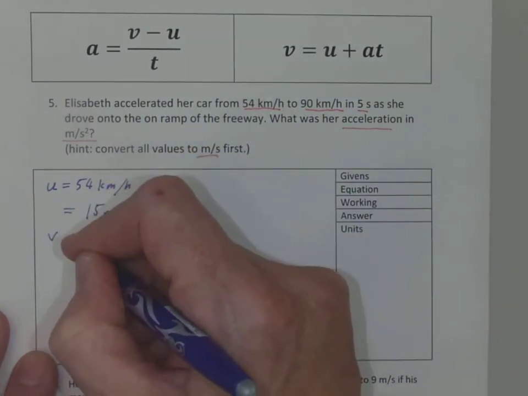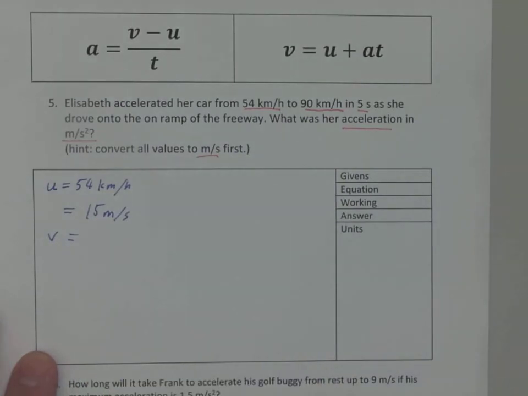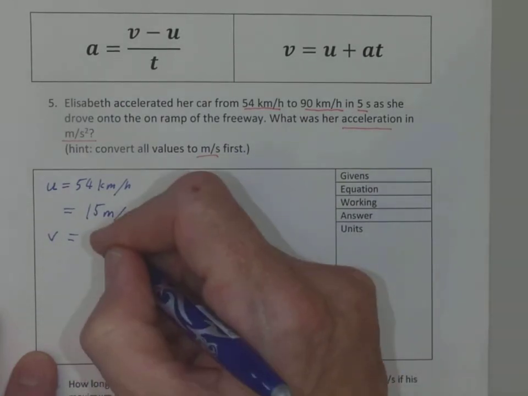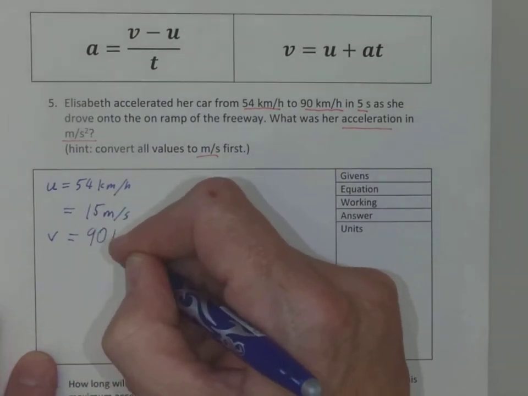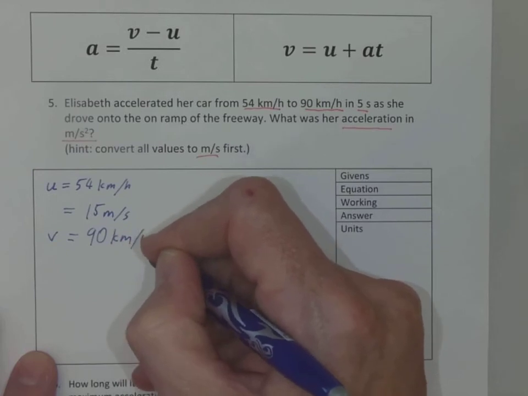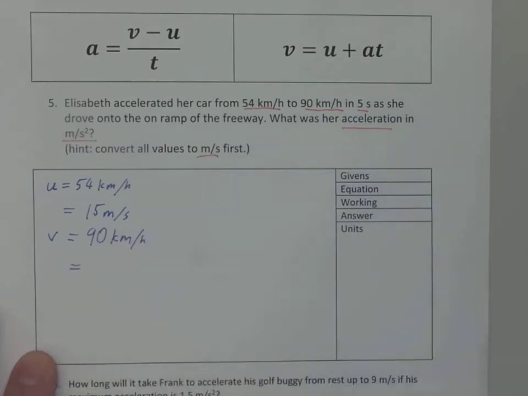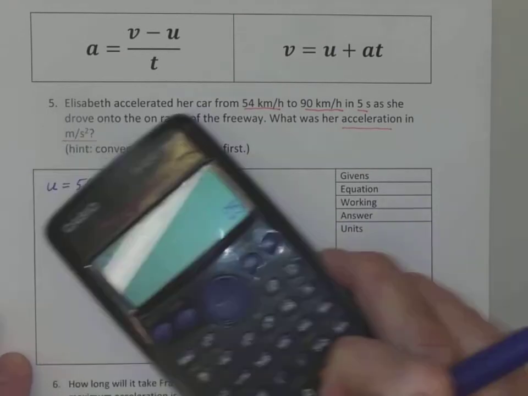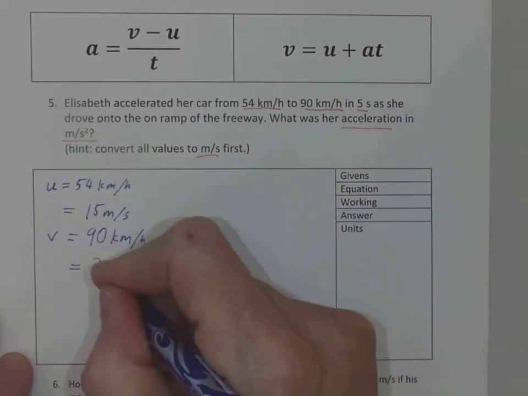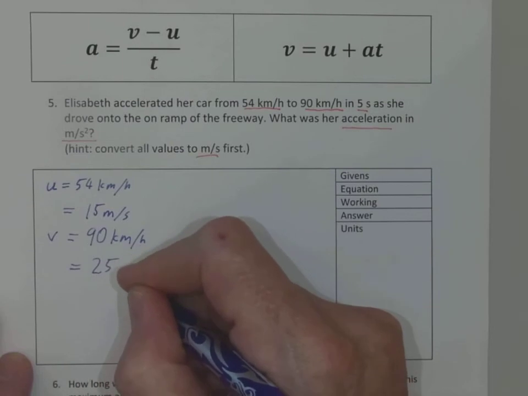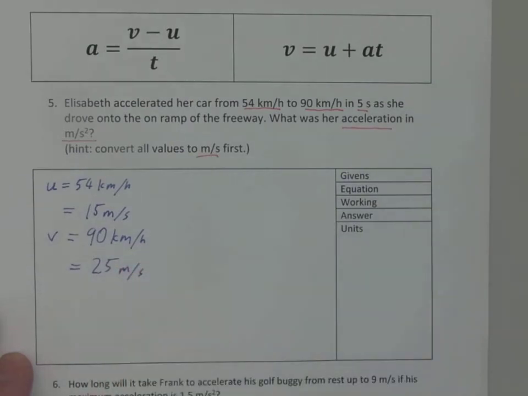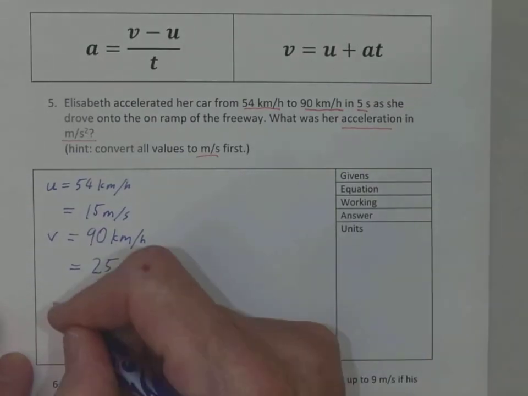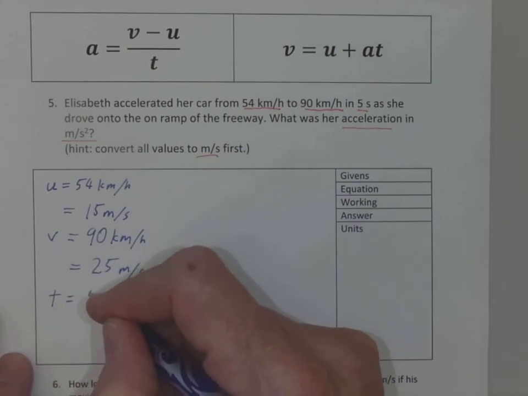My final velocity for Elizabeth is going to be 90 kilometres an hour, which is, in meters per second, 90 divided by 3.6 equals 25. That's a convenient one as well. 25 meters per second. And of course, we have a time of 5 seconds.